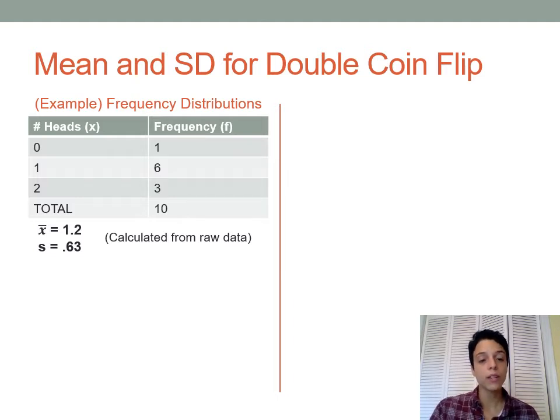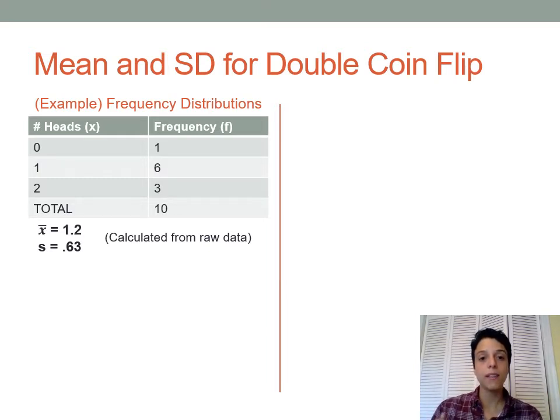What I'm showing here is the mean and standard deviation that I calculated for this data. These are the same coin flips that I just did on that last page. When I did the double coin flip 10 times, I had 0 heads come up 1 time, 1 heads come up 6 times, 2 heads come up 3 times, for a total of 10 events, so 10 of those double coin flips.